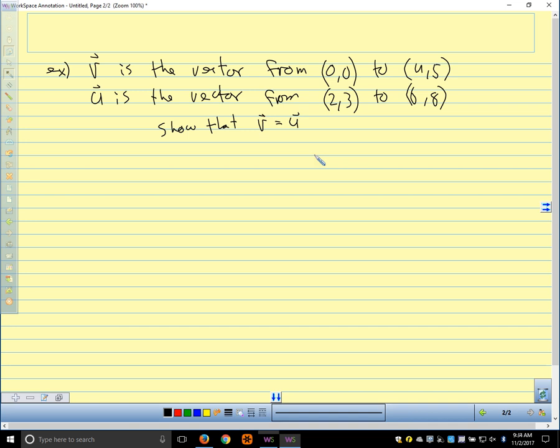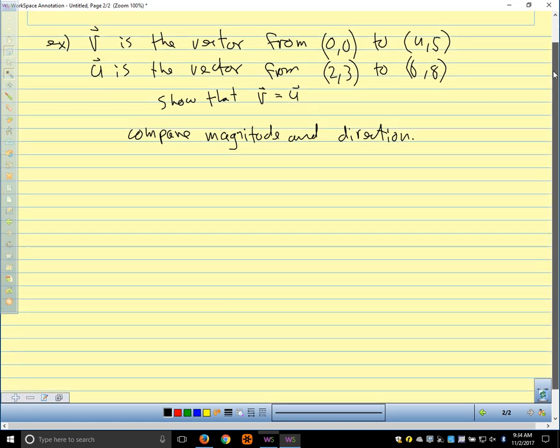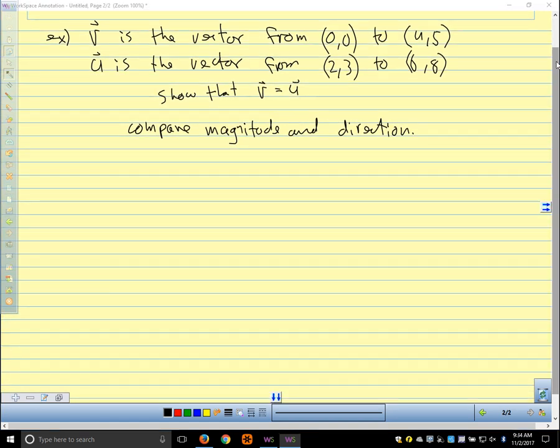So in this case, what the problem's asking us to do is compare magnitude and direction. So let's find the magnitude of each of these and see if they're the same, and let's figure out a way that we can tell what direction they're going.